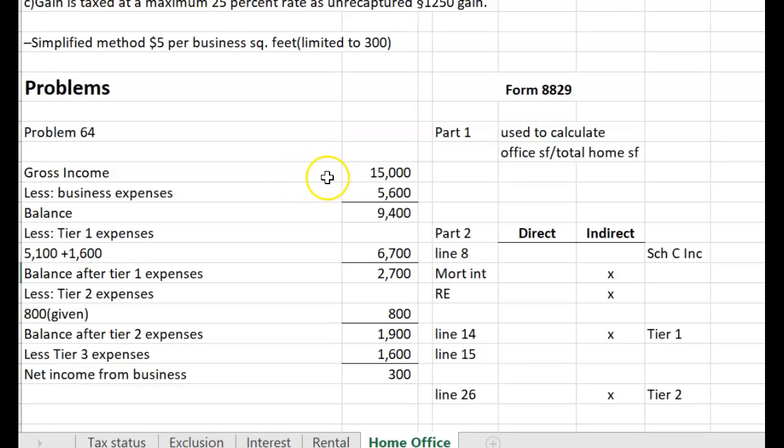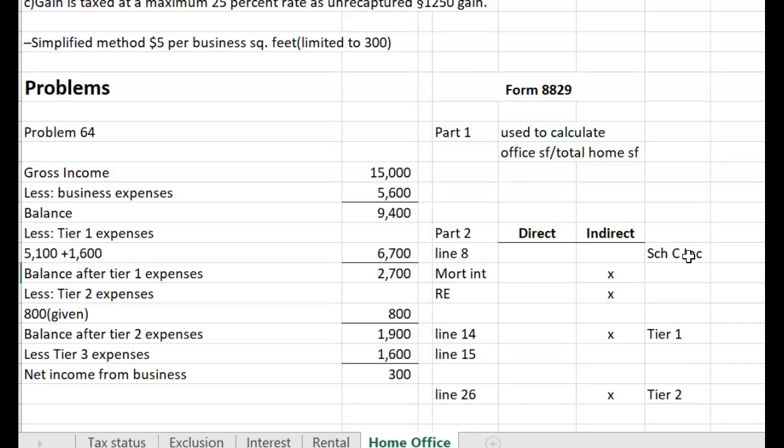So the gross income less the business expenses, this $9,400, would be from Schedule C on the 1040. It would be Schedule C for the 1040 form, and that would be the net income from the business. So that would be $9,400. And you would actually put that on line 8 from Schedule C.